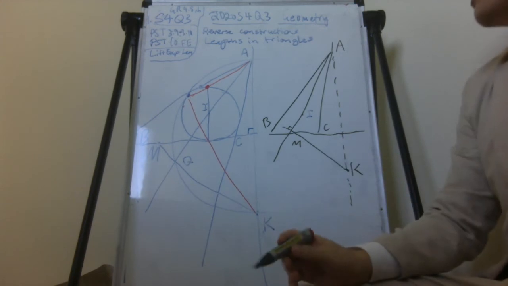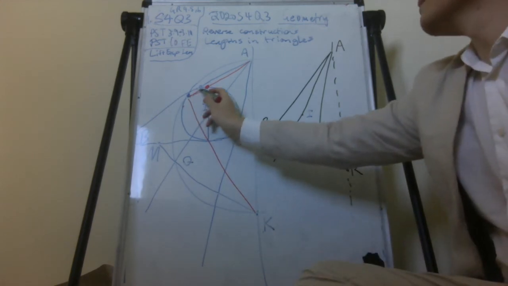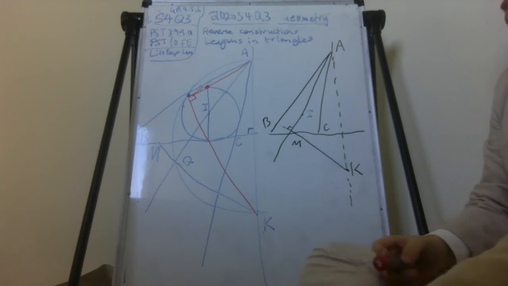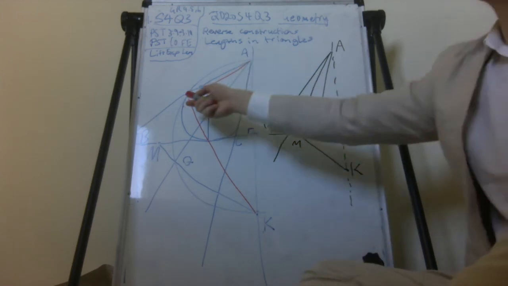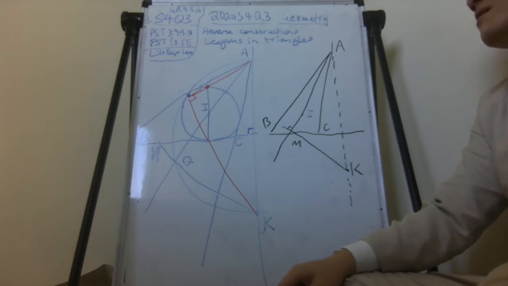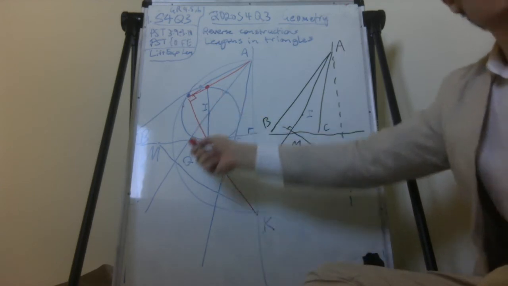And then you join it down there, yeah? Okay. So if we just joined it to the point of contact, yeah, then we know that we know it's 90 degrees, right?